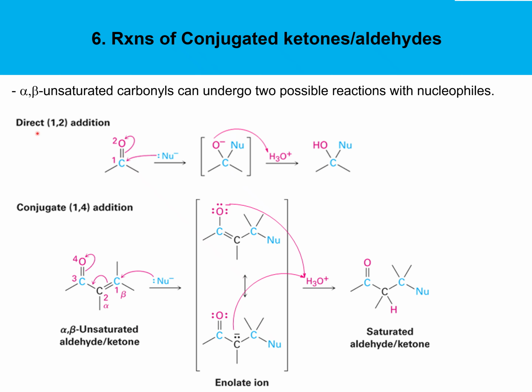This reaction is actually what we saw in the last few sections with nucleophiles adding to carbonyls of aldehydes and ketones. Now, if you have an alpha-beta unsaturated carbonyl, an additional reaction besides direct addition to the carbonyl is addition to the beta carbon.